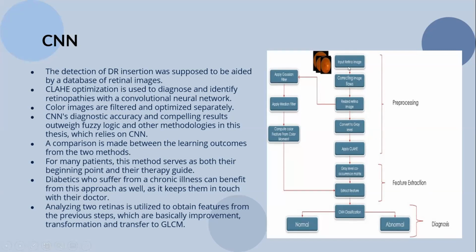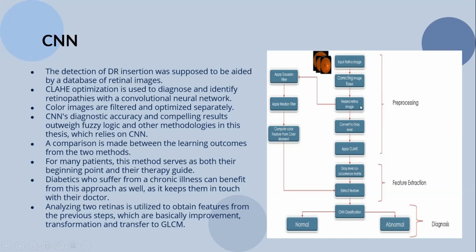It began with the input retina image, then correcting image flows, then resizing the retina image, and then converting to gray image, applying some filtering on the image, such as Gaussian filter and median filter, and then computing color features from color moments.